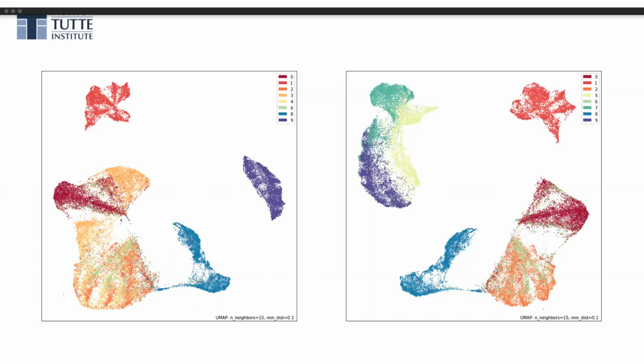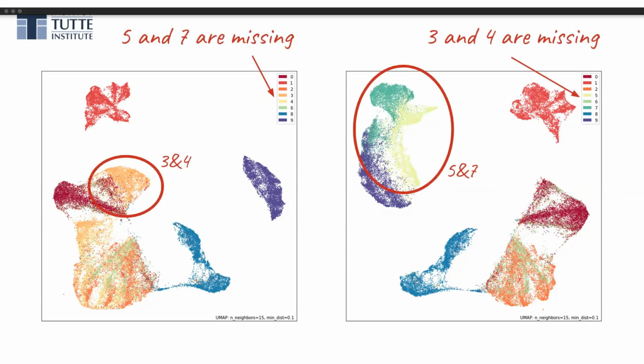If you're watching a recorded version of this talk, feel free to pause it and play Spot the Difference. But for the rest of us, we're on the clock, so I'll give you the answers right now. The clothing classes associated with 5 and 7 are missing from the picture on the left, and the clothing classes labeled 3 and 4 are missing from the picture on the right.